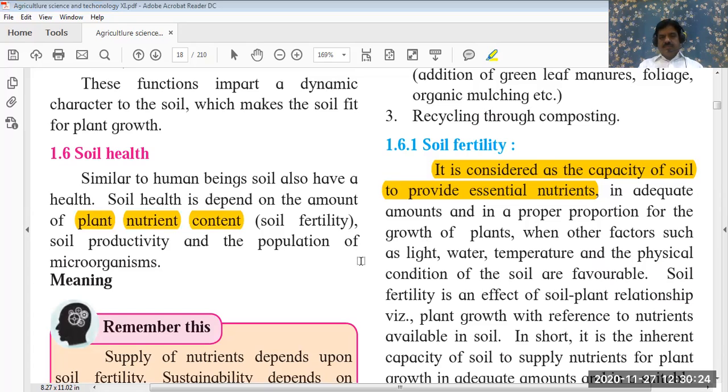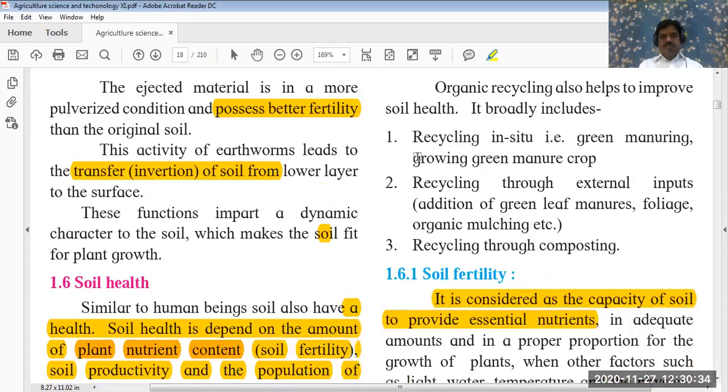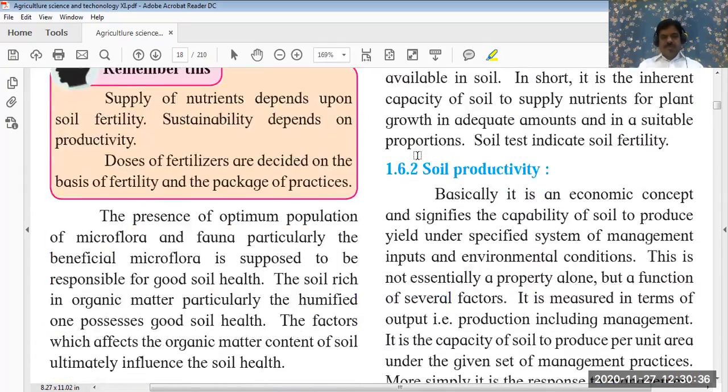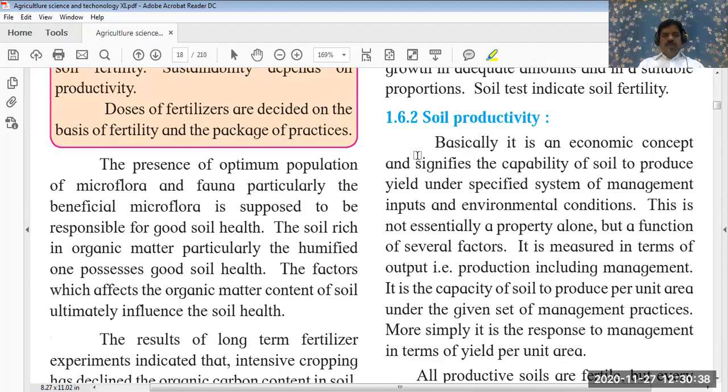Here is another thing: the presence of a population of microflora and microfauna.